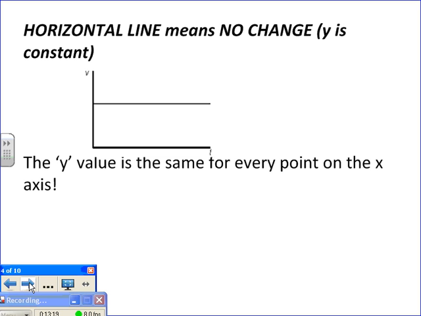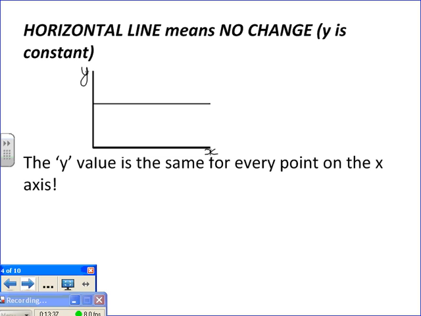A horizontal line tells us something really interesting as well. When we see a horizontal line, that means that there is no change in y with x. So for example, let's just make this our y-axis. This says t down here. It probably is representing time, but let's make it x.